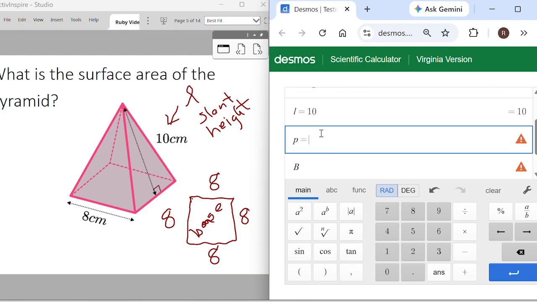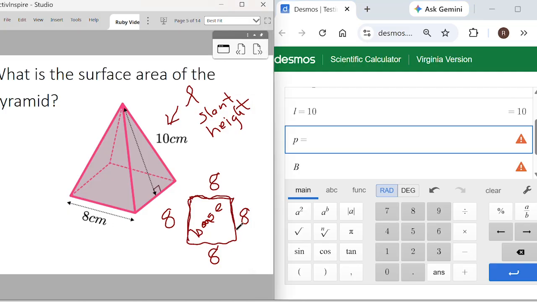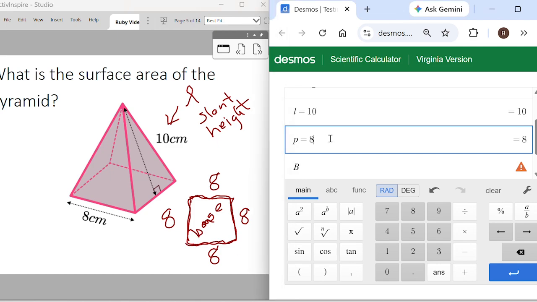Next, we're going to go to perimeter of the base. To find perimeter, you have to add up all 4 sides. So we're going to start with 8 plus 8, plus 8 plus 8. I added 4 8s because there are 4 sides.